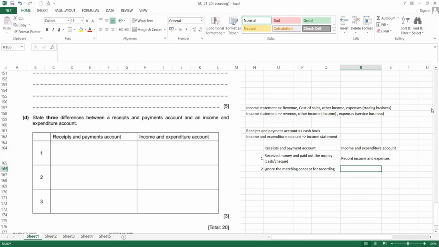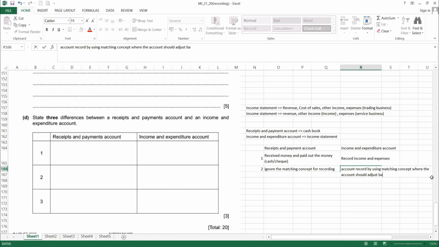But when we do the income and expenditure or income statement, we have to record using the matching concept, where the accounts should be adjusted based on expenses incurred rather than expenses paid.